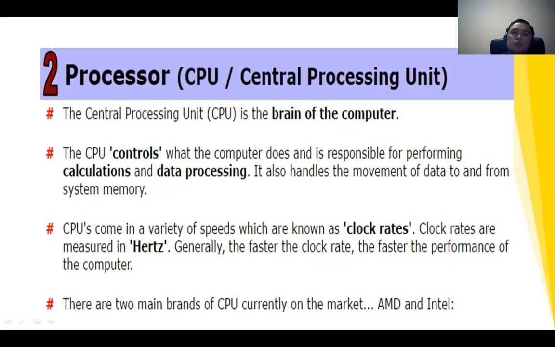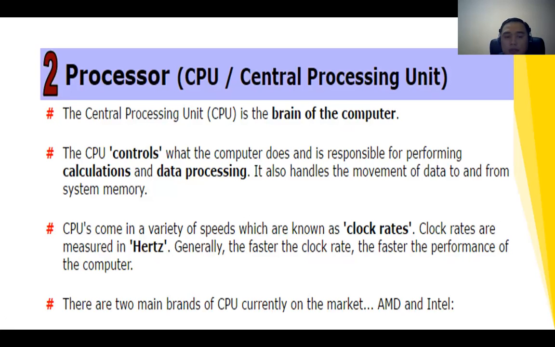Processor, CPU, Central Processing Unit. The Central Processing Unit is the brain of the computer. The CPU controls what the computer does and is responsible for performing calculation and data processing. It also handles the movement of data to and from system memory.